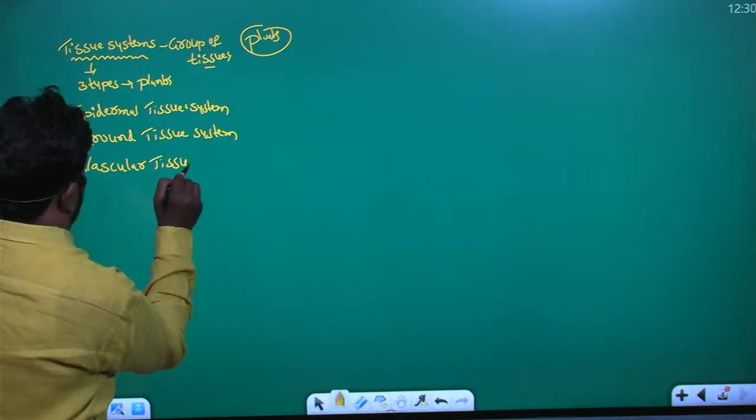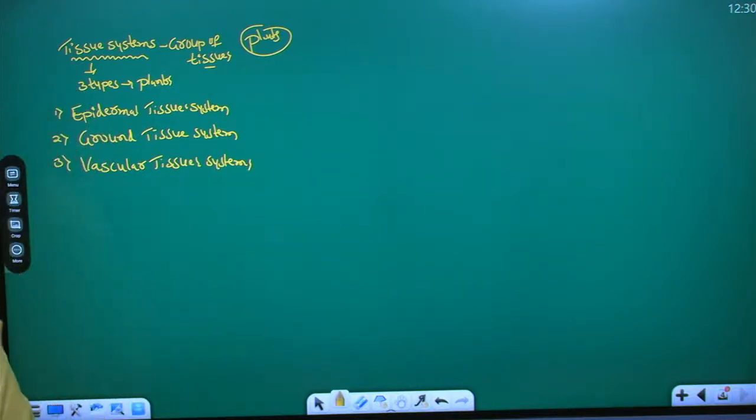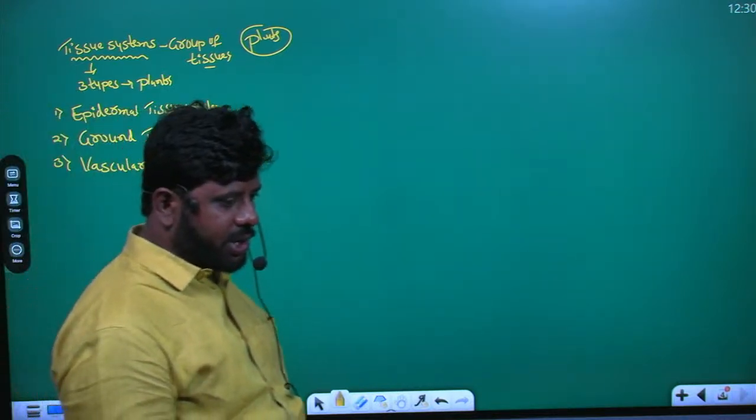This is in angiosperms and gymnosperms I am talking about, not in bryophytes and pteridophytes.